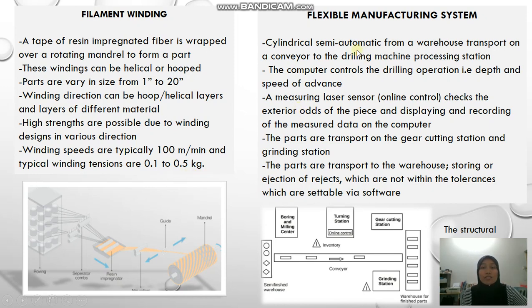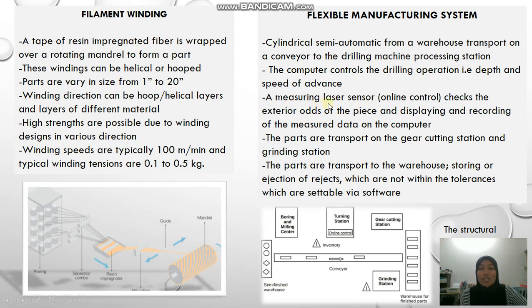And the next is the technique of the flexible manufacturing system. The cylindrical semi-automatic parts from a warehouse are transported on a conveyor to the drilling machine processing station. The computer controls the drilling operation, such as depth and speed of advance.